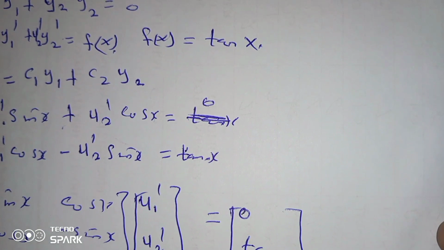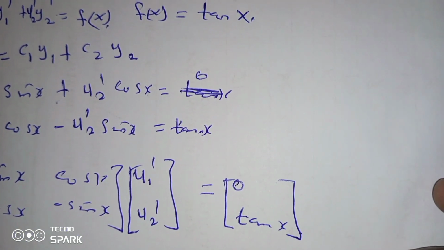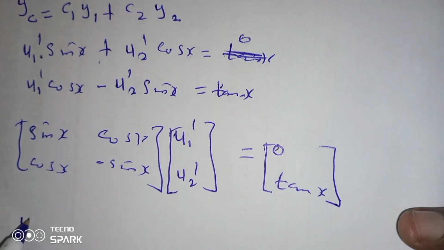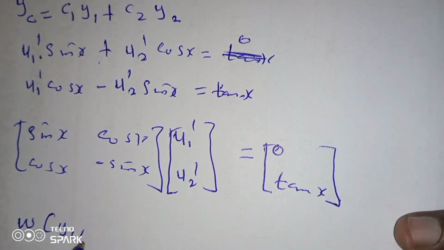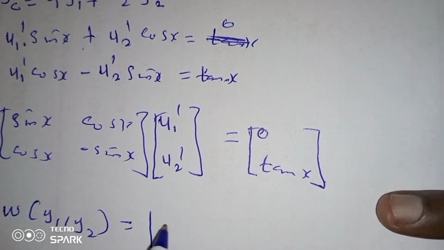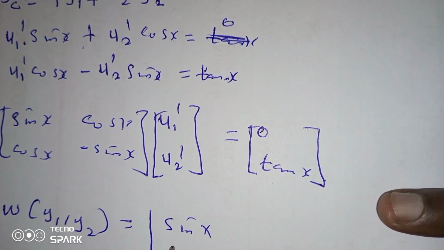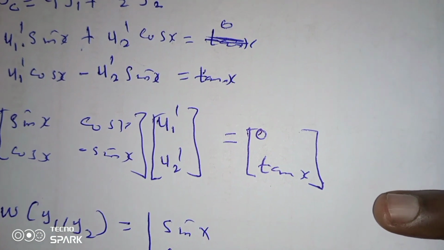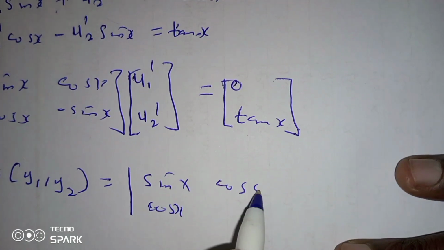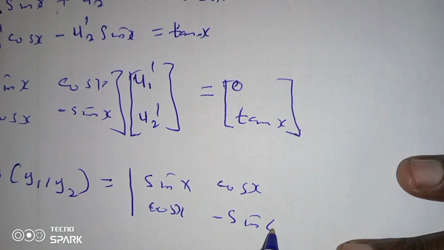So the first thing we are going to do is to get what is called the Wronskian. The Wronskian of y1 and y2 is equal to the determinant of the matrix sine of x, cos of x, cos of x, negative sine of x.